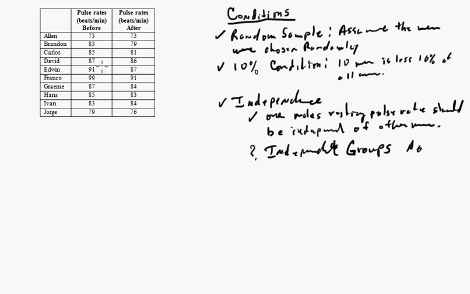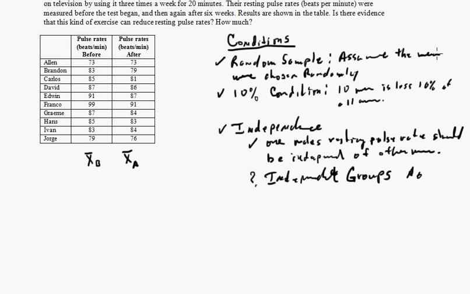So there's a dependency. The values depend on the others. So we don't have that. So what that means is that we can't look at the mean of these values before and then compare them to the mean after. We can't do that. So what we have to do instead is create a difference.